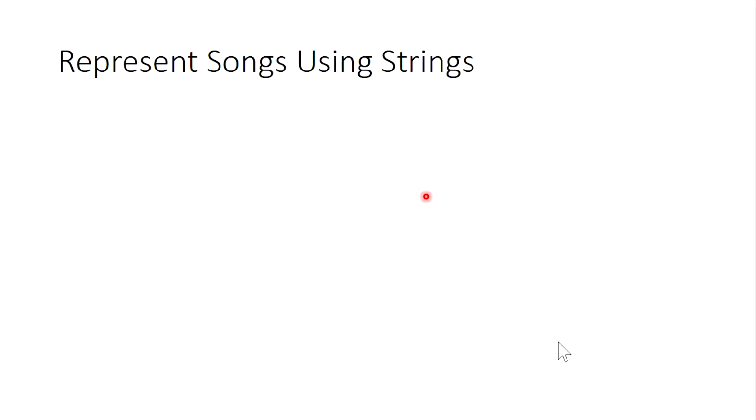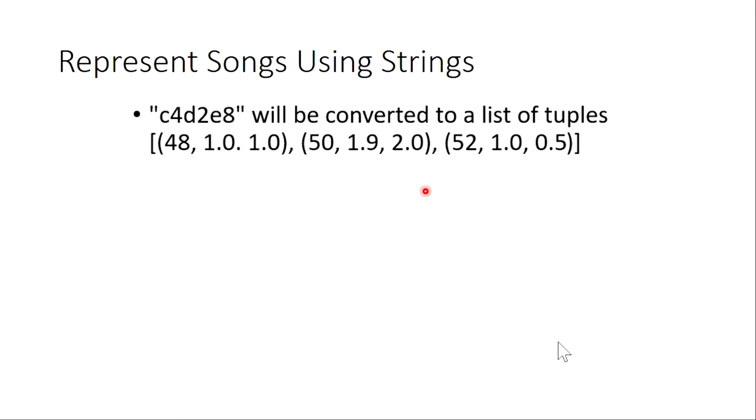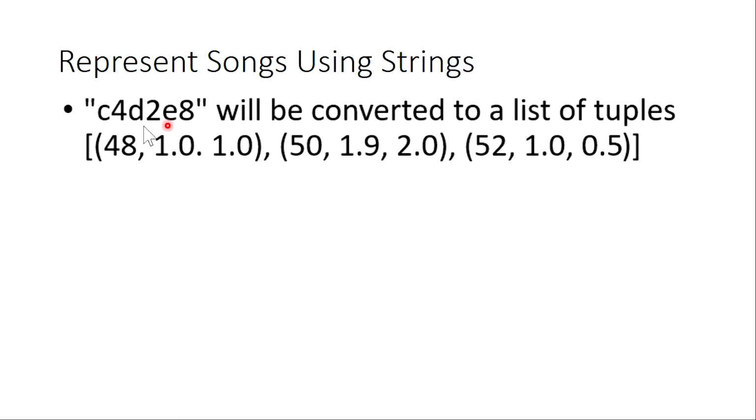So now let's represent a song using strings. For example, c4 d2 e8 will be converted to C is 48, velocity 1.0, and duration 4, the quarter note, is 1 beat. Similarly, D is 50, and 2.0, and I think there's some typo here.